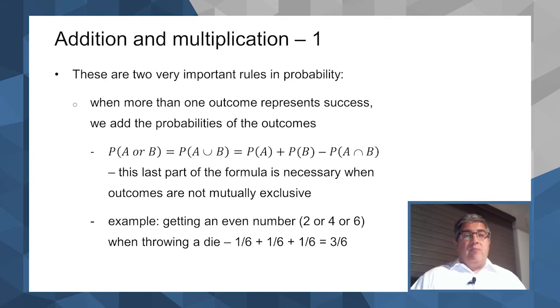So for example, let's say I'm looking at a universe of 20 companies and I say calculate the probability of a company selling more than 100 products and having a profit above £1 million. So let's say, for the sake of argument, out of those 20 companies, 5 of them sell more than 100 products and 7 of them have a profit above £1 million.